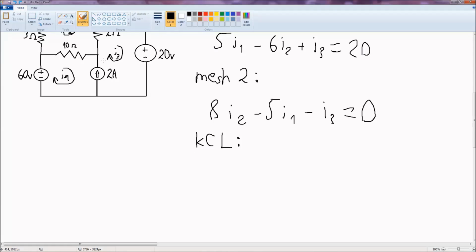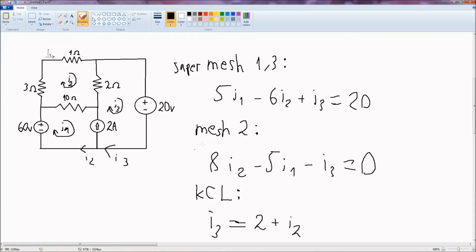So what we have is I3 is entering and I2 is leaving. We have I3 and 2 ampere is also leaving, so we have I3 is equal to 2 plus I2, and we have now 3 equations with 3 unknowns.